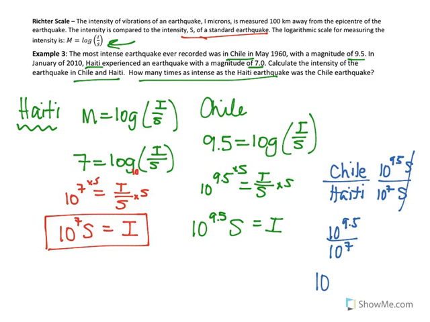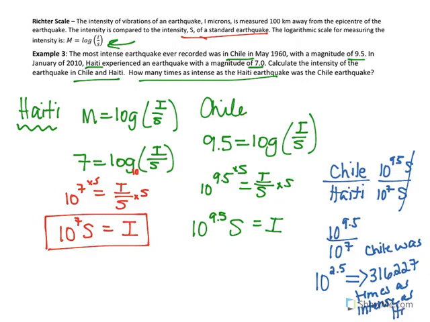So 9.5 minus 7 is 2.5. If I type in 10 to the power of 2.5, we get 316.227. So Chile was 316.227 times as intense as Haiti.